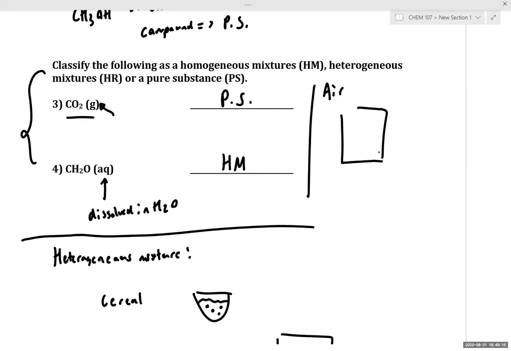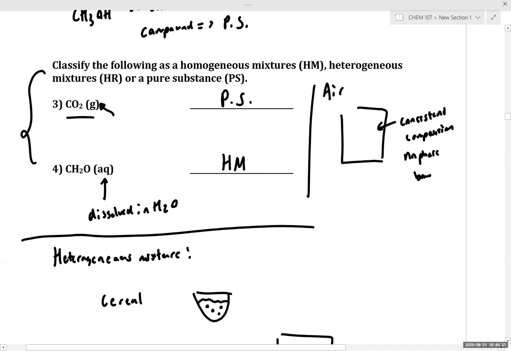Do you see any separation of phases? It's very consistent, right? There's no clear separation of phases. So air has a consistent composition, and it has no phase boundaries.